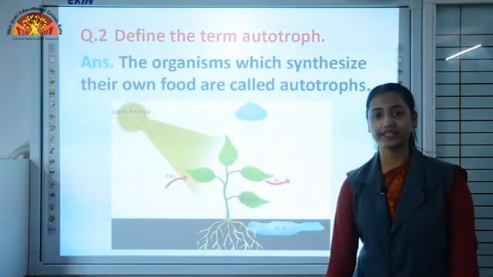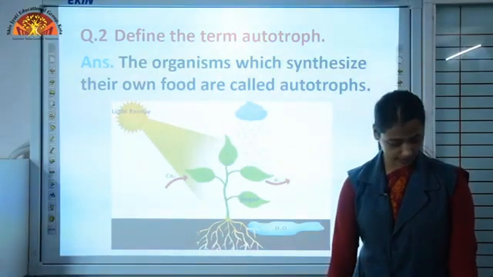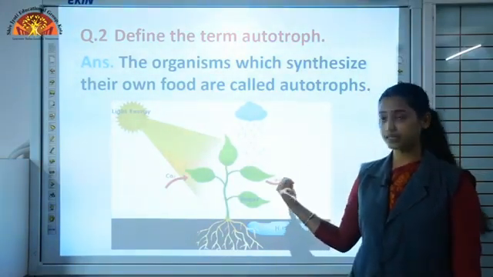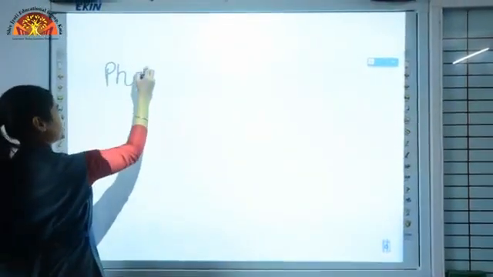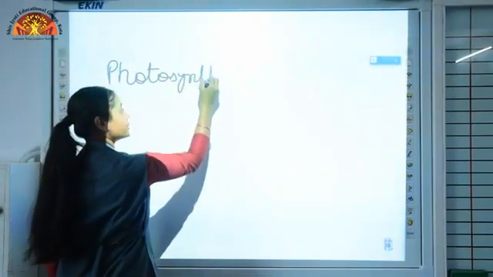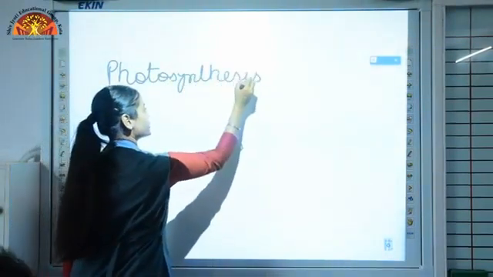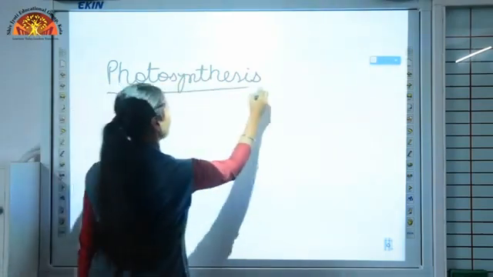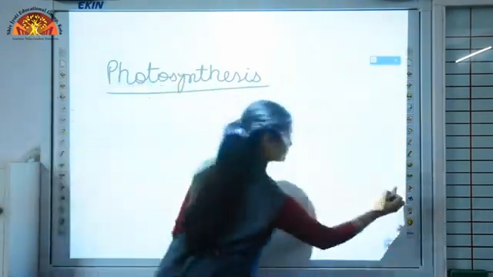Okay, can you give me the name of the process by which they make their own food? That process is known as photosynthesis. What is the name of the process by which plants are able to make their food? That process is known as photosynthesis.